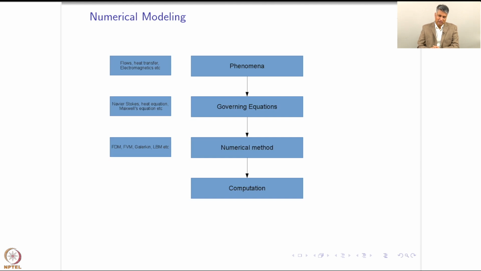Then what comes is, what are the assumptions we make when we write the governing equations? For example, when we use the Navier-Stokes equation to model some sort of fluid flow, we typically assume what is called the continuum hypothesis. We are not really looking at the individual motion of each molecule in the fluid. We are considering what is called the macroscopic phenomenon.